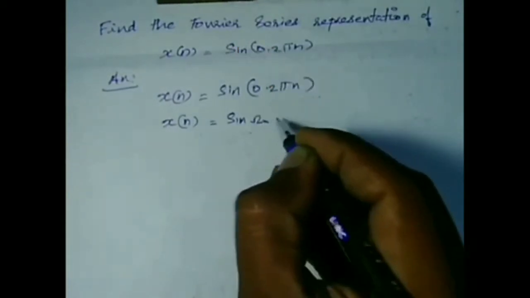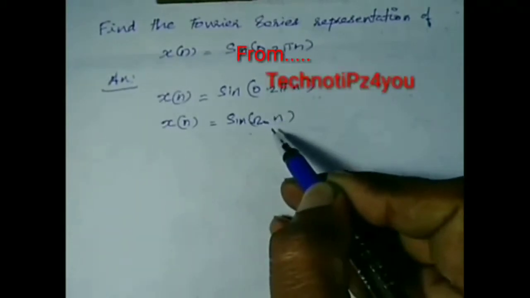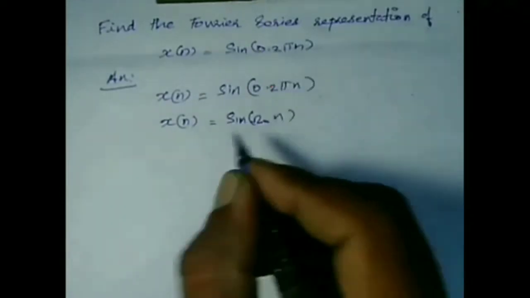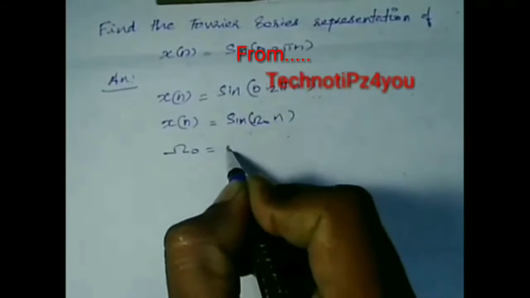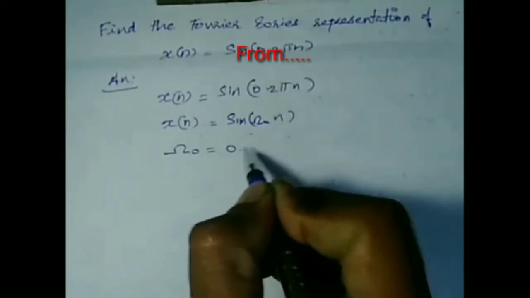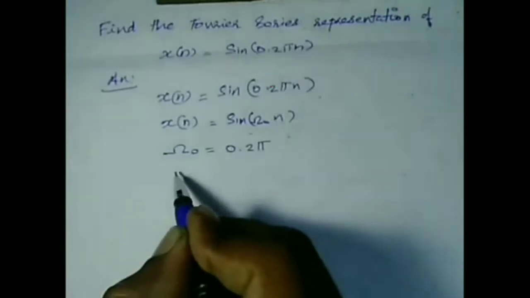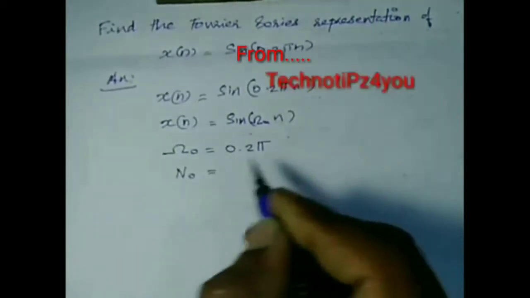This signal is of the form sine omega 0 n. If we compare these two equations, we can say that omega 0 is equal to 0.2 pi.